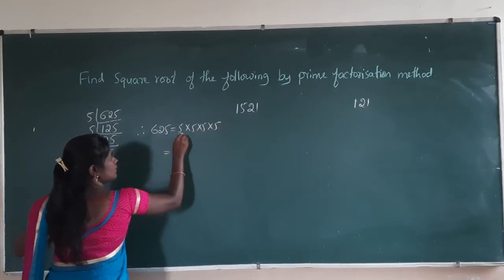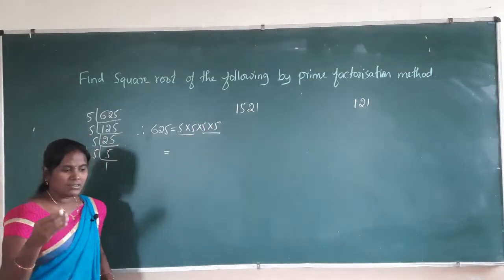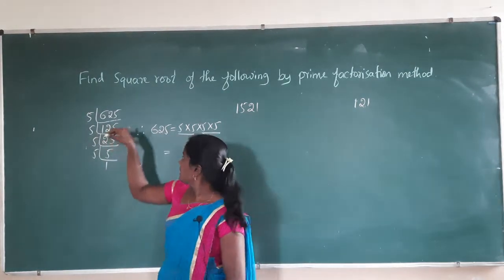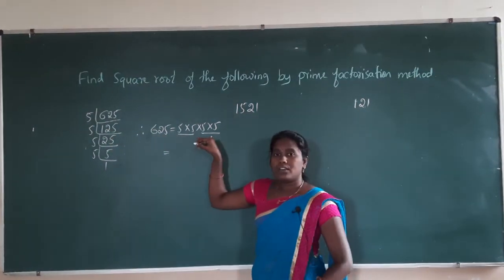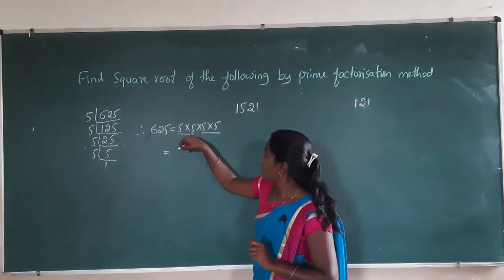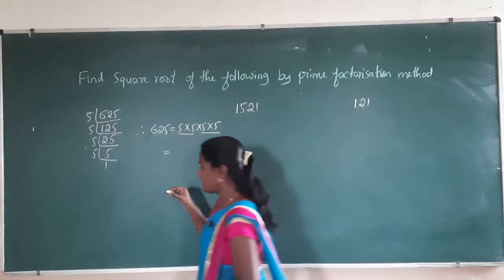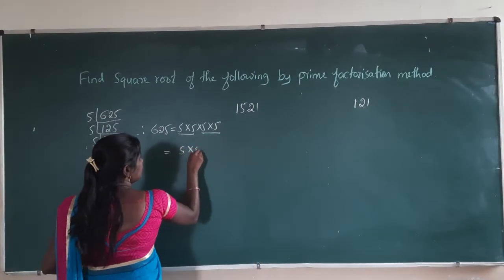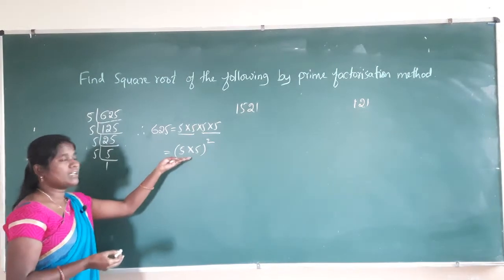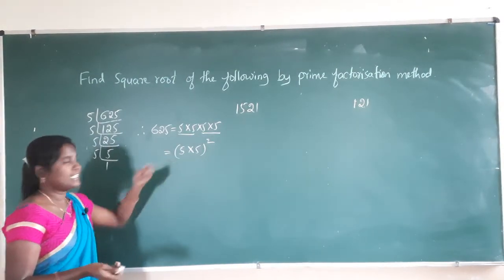What do we have to consider here? We have to consider the pairs of the prime factors. Here if you see, there are four 5s, isn't it? So how many pairs are there? 2 pairs are there. It can be written as (5 into 5) whole square. Here we are using the laws of exponents, right?